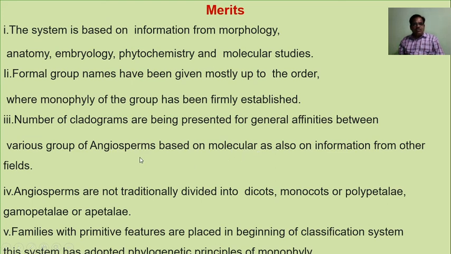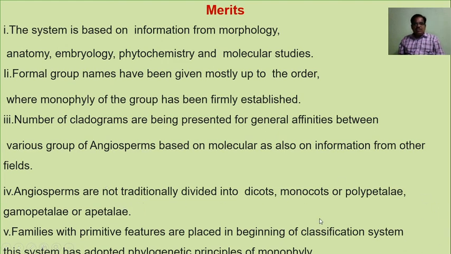Then angiosperms are not traditionally divided into dicot, monocot or polypetalae, gamopetalae or apetalae. Generally angiosperms are divided into dicot and monocot. Again, dicot is divided into polypetalae, gamopetalae or apetalae. But such type of classification of the angiosperm is not done in this system.